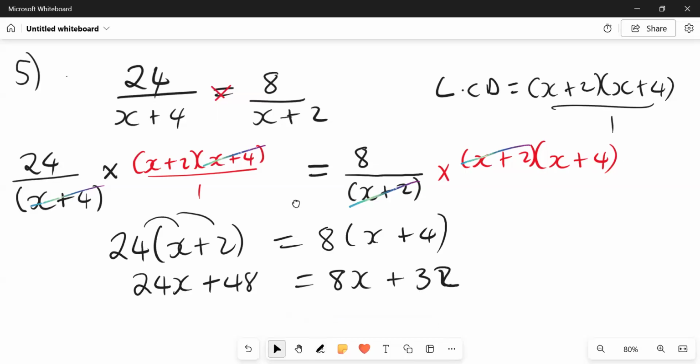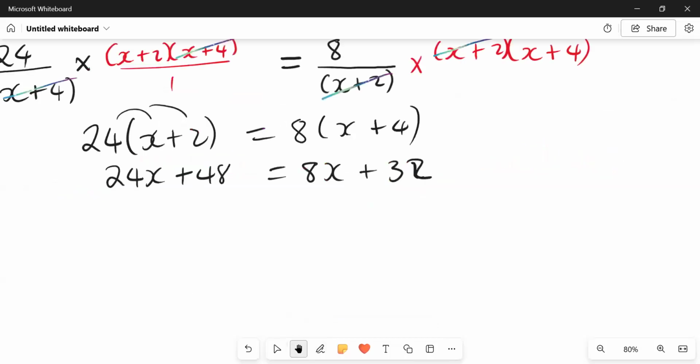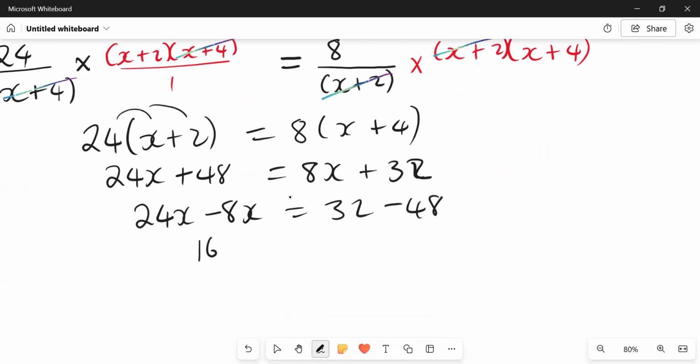And then you transpose. Now this is your 24x minus 8x equals to 32 minus 48. And then this gives us 16x equals to negative 16. Divide by 16 both sides to isolate x. Now x is equals to negative 1.